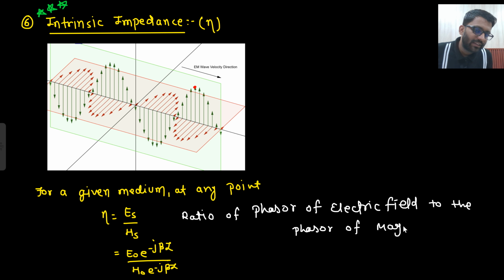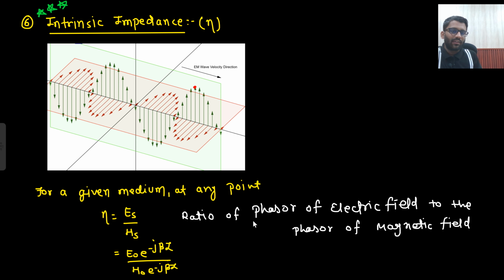A lot of places they will say that it is the ratio of the magnitude of electric field to the magnitude of magnetic field, and they will talk about amplitude, but no, that is wrong. It is the ratio of the phasor representation of electric field to the phasor representation of magnetic field. So they are talking about the phasor here.